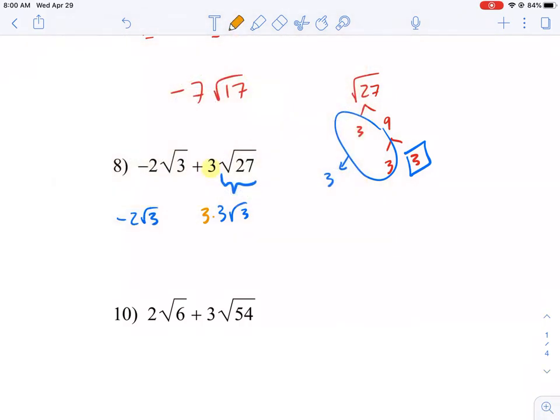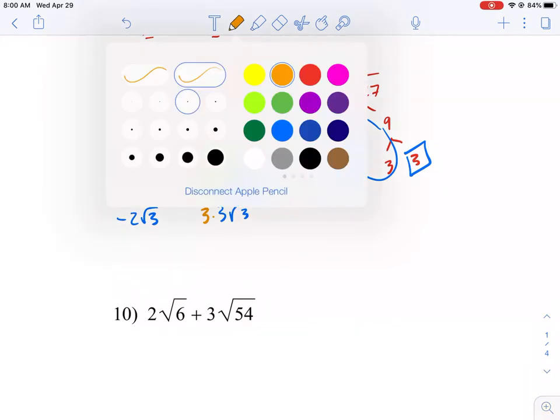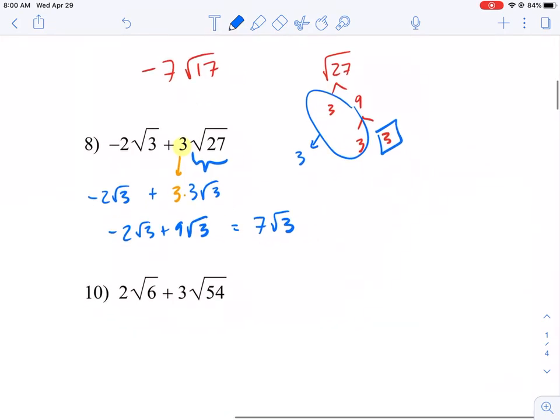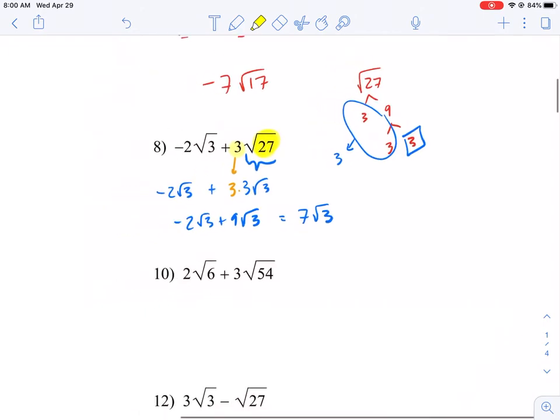Let me write this in orange just so you see we carried this down. Plus 3 times 3 radical 3. So first let's simplify that. Negative 2 radical 3 plus 9 radical 3, and you get 7 radical 3. And that's our final answer. So make sure you simplify the radicals first before you add or subtract.